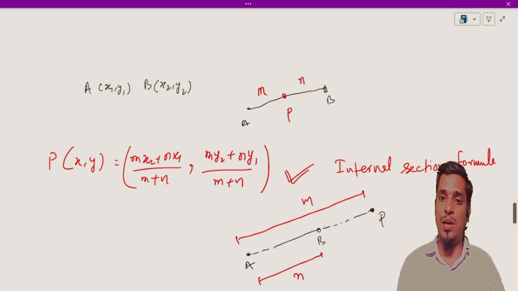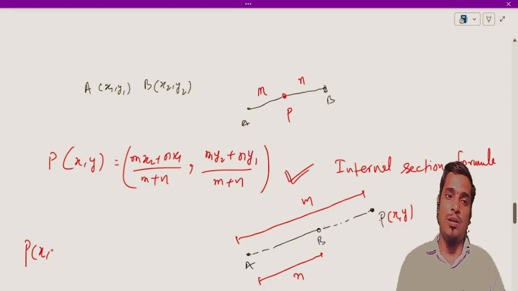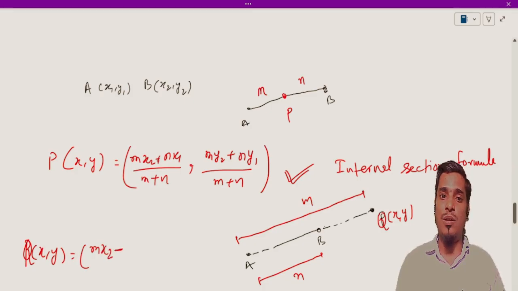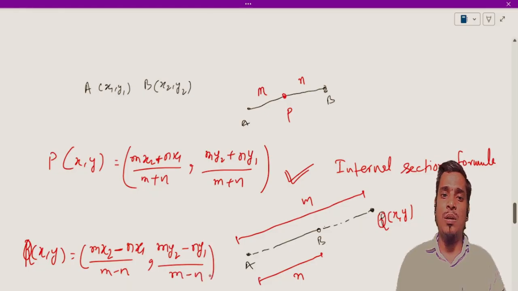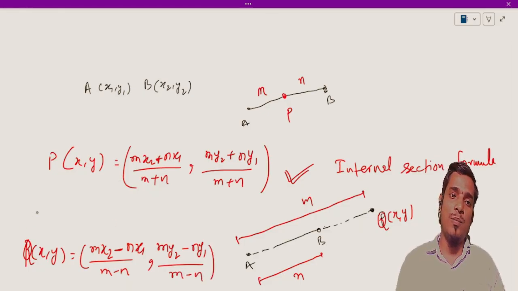Then the point is given by (m times x2 minus n times x1) by (m minus n), and (m times y2 minus n times y1) divided by (m minus n). In place of plus, we just have to change it to minus. This is the external section formula that we discussed in the previous class.